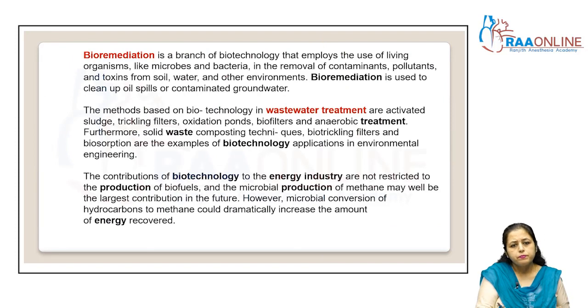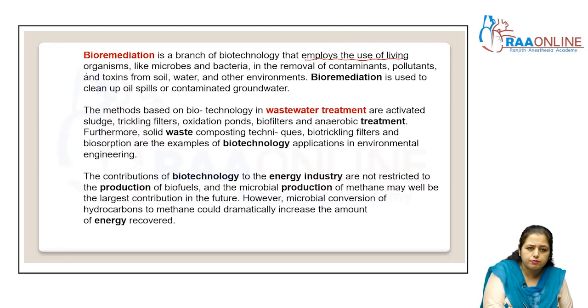So what is bioremediation? It is the branch of biotechnology that employs the use of living organisms. Bios means living organism, and we use it to treat something, that's why it acts as remediation.